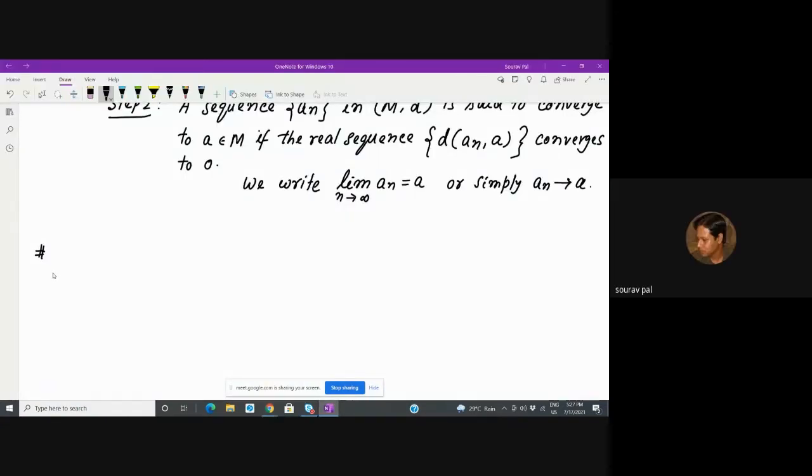Meaning, any two distinct points can be strongly separated by means of a pair of disjoint open sets. So if a sequence has a limit, then the limit is unique.